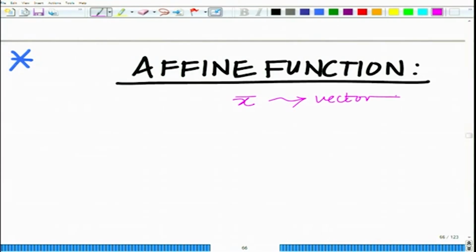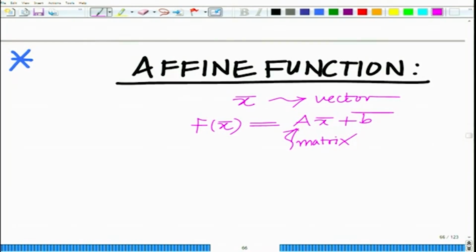Now, an affine function is a function that is of the form A x bar plus b bar, that is, A is a matrix that is multiplied by the vector and translated by the vector b bar.